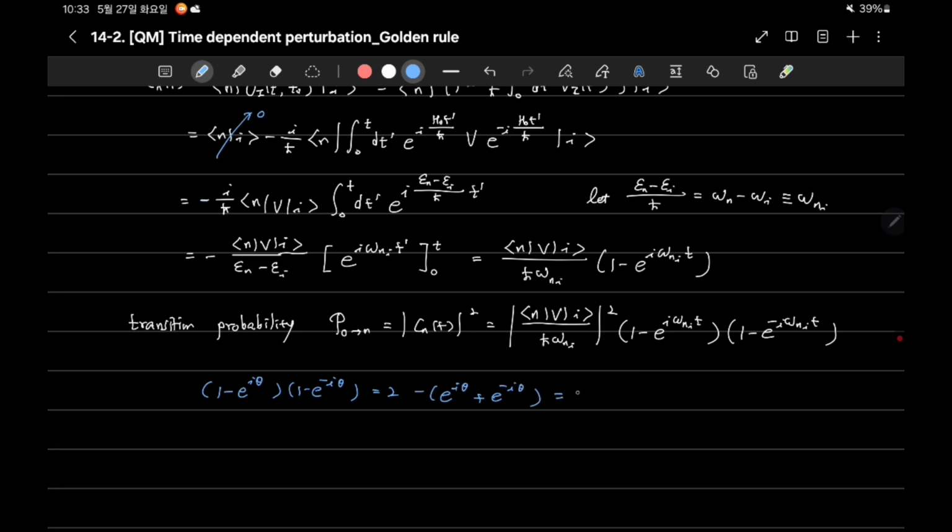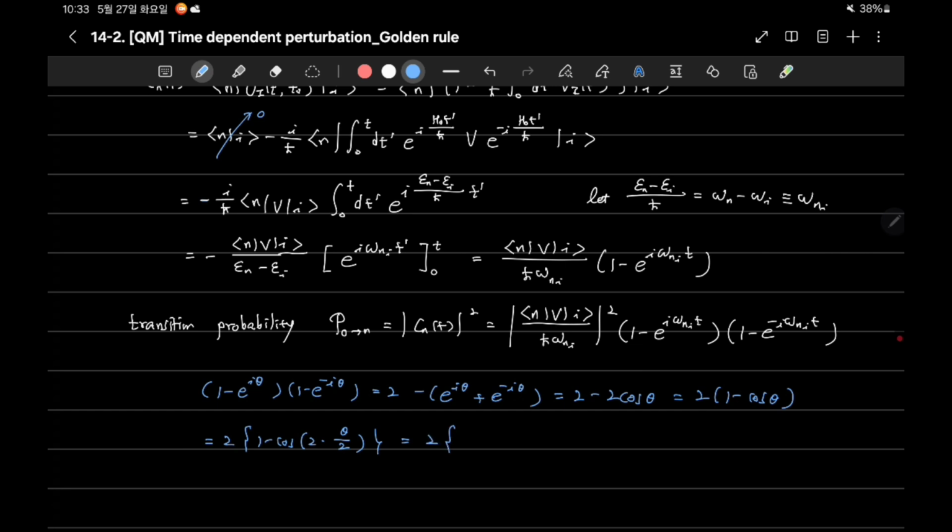Then it makes 2 minus 2 cosine zeta. Then it's 2 times 1 minus cosine zeta. Then it makes 2 times 1 minus cosine 2 times half zeta.